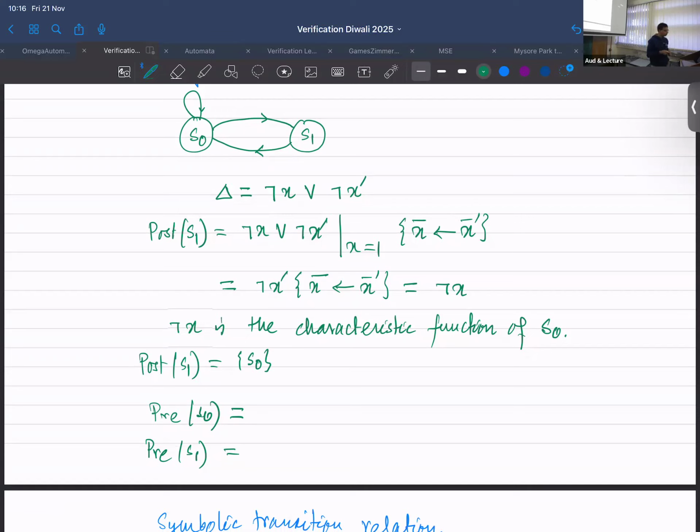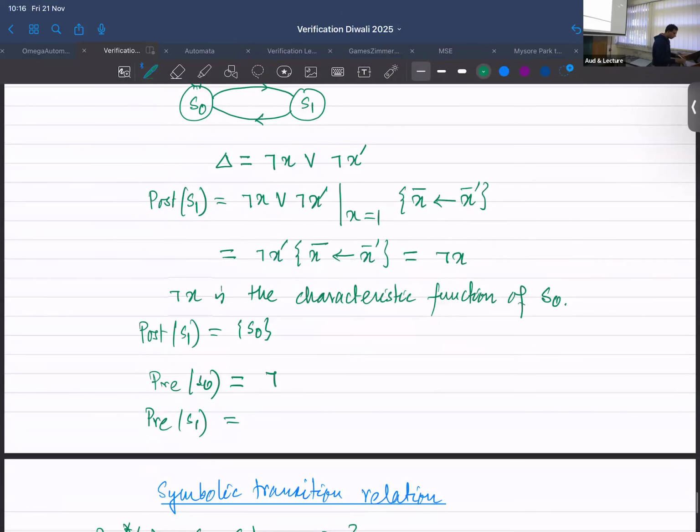Okay, so how would you compute the pre now? You set the x prime, and then you get in terms of x. I mean, you don't need to do any renaming further. So you have negation of x or negation of x prime. You set the x prime equal to 0 and what do you get? 1.